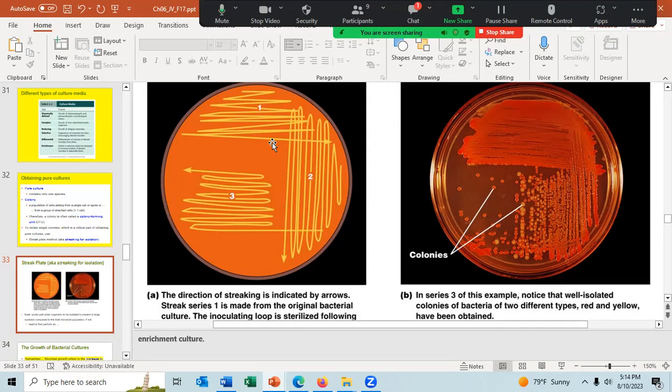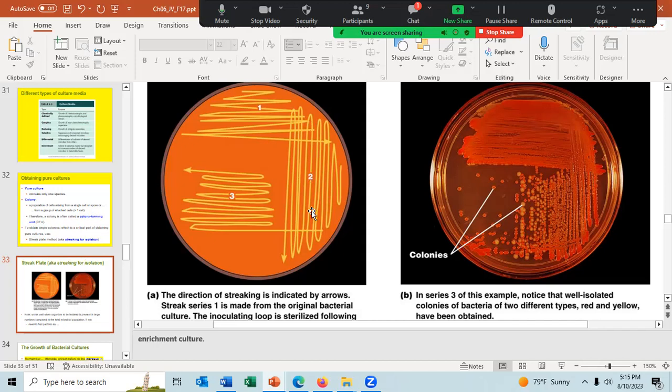And then you streak out quadrant 2. When you streak out quadrant 2, initially you will be going here and there's no cells on it. But then you go into quadrant 1 to pick up cells. You should go into quadrant 1 only 3 or 4 times. So run here, one there, and one there would be enough. And you're picking up cells from here and here and there in quadrant 1.